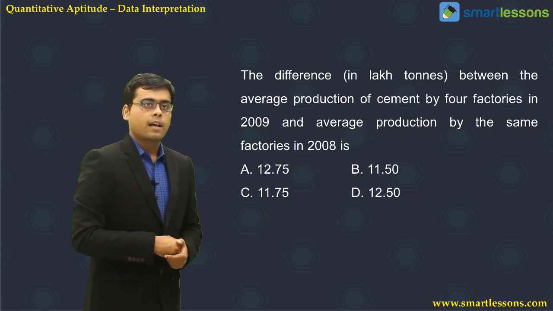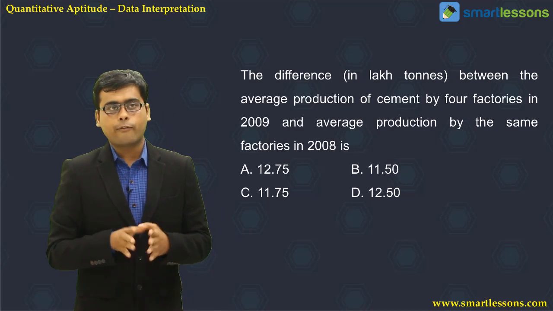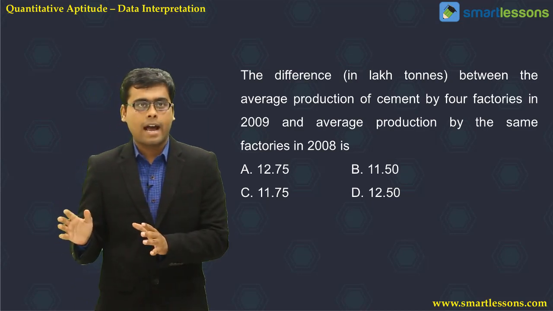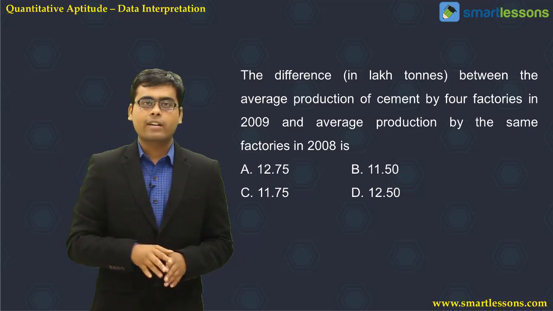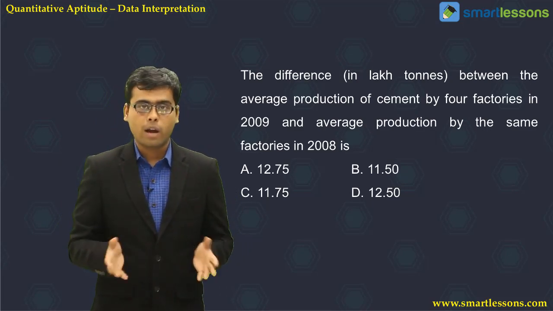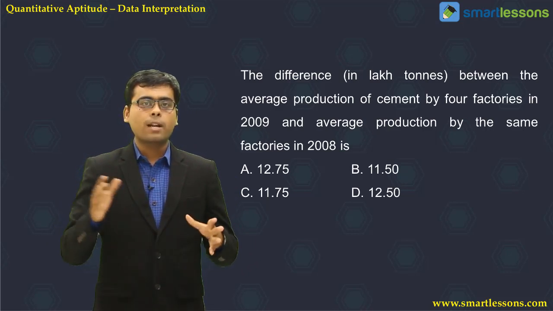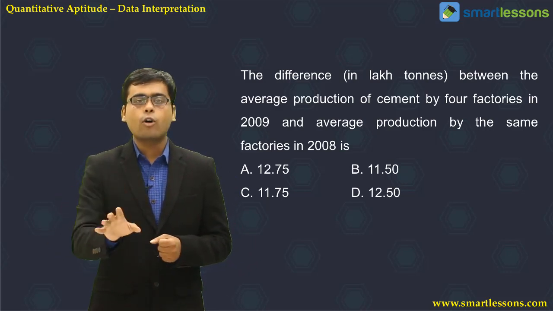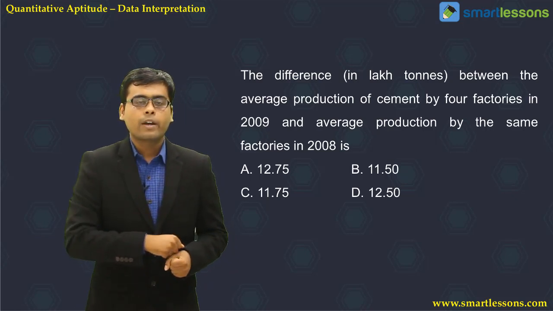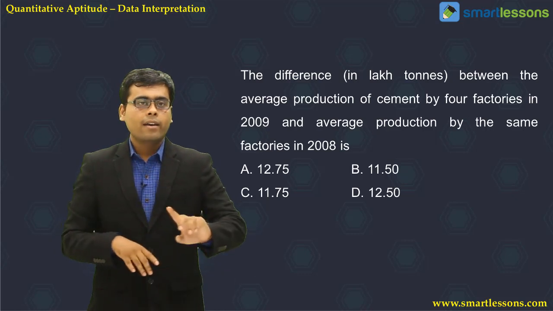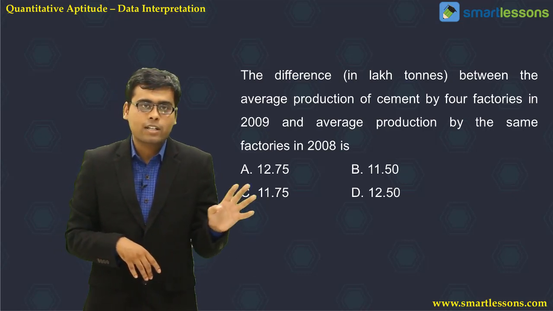Next question. The difference between the average production of cement by 4 factories in 2009 and average production by the same factories in 2008 is what? Alright. So let us first find out the total production of cement by 4 factories in the year 2009. Factory A gave the production 70 lakh tons.